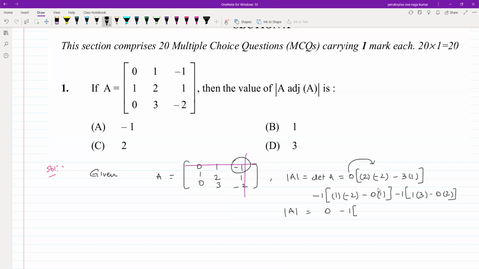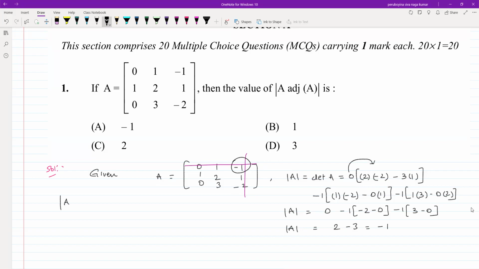And then minus 1 into minus 2 minus 0. And then minus 1 into 3 minus 0. So det A is equal to minus of minus plus 2 minus 3, which is minus 1. So that value is minus 1.